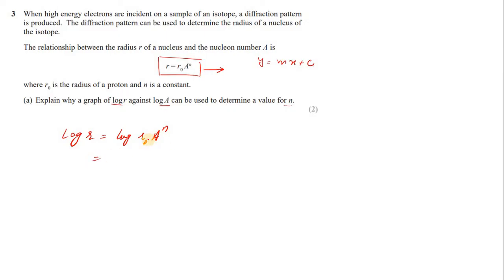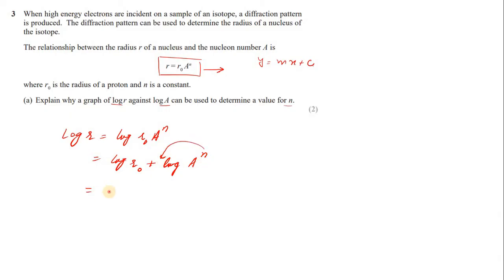On the right side, we have r0 and A. This is a product. According to the law of logarithms, we can write log of r0 plus log of A to the power n. Finally, n is the power, so it can come before the log.